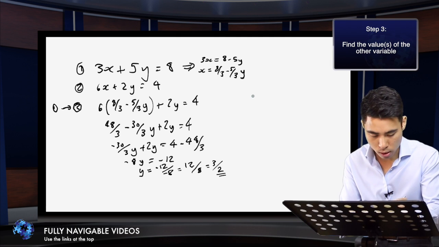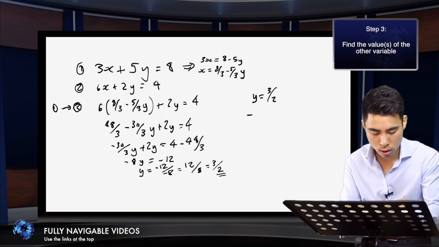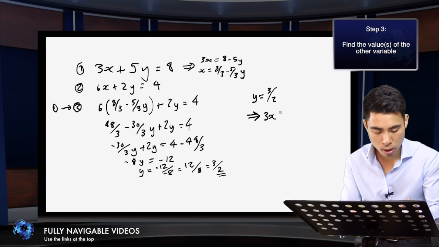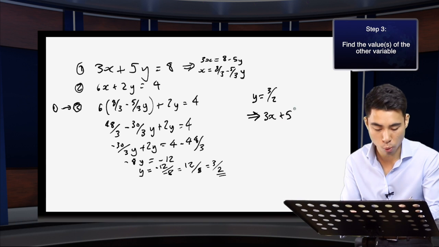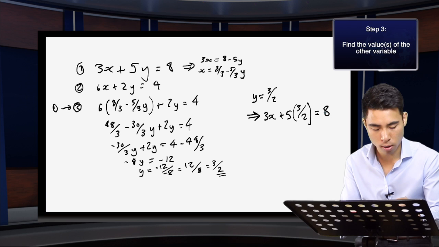So I'm going to say y equals 3 over 2 implies 3x plus 5 lots of my y, and in this case my y is 3 over 2, is equal to 8.